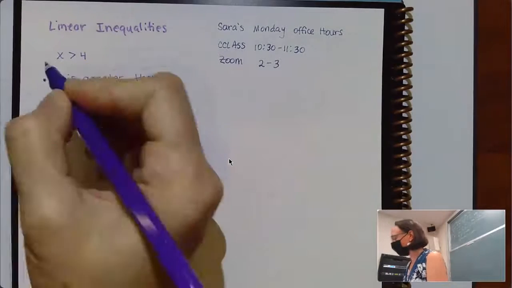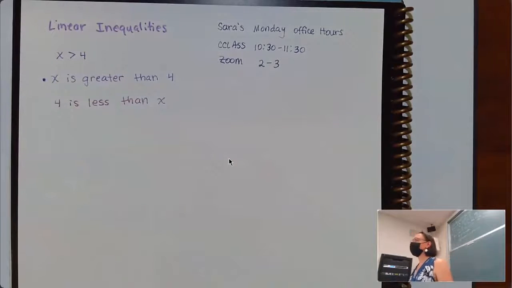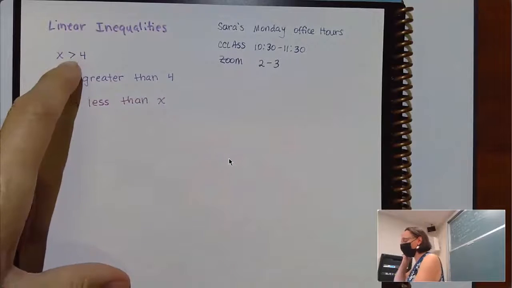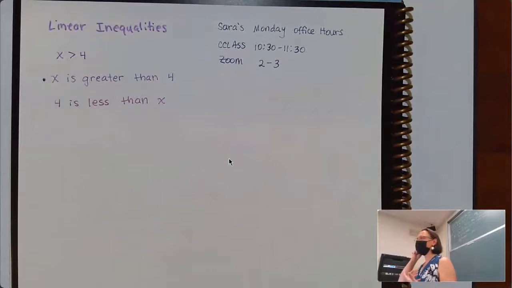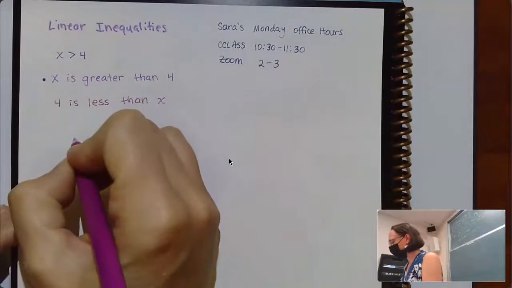This is the more standard direction to read it in, and because of that, we call this one the greater than symbol. Because if I'm reading from left to right, I would use the greater than.